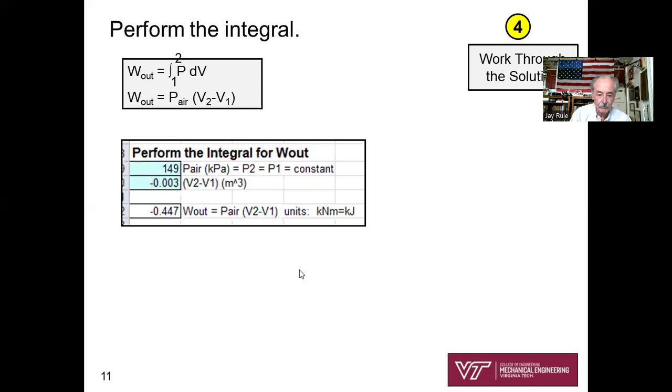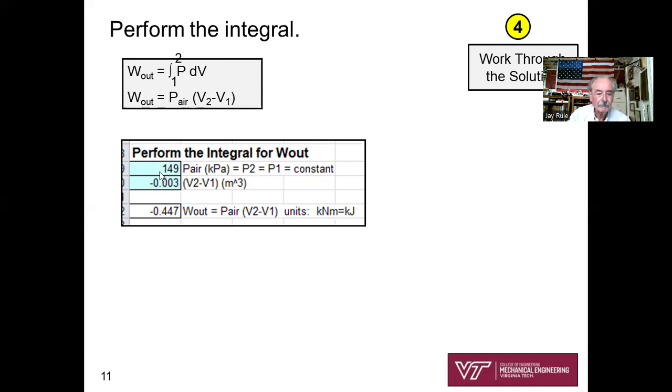Next, perform the integral. Before I put pencil to paper, I'm going to write down my governing equation again. Work is the integral of P dV. I've got P of the air, which equals P1 equals P2. I just solved for it up above in my work. Here's my blue cell.